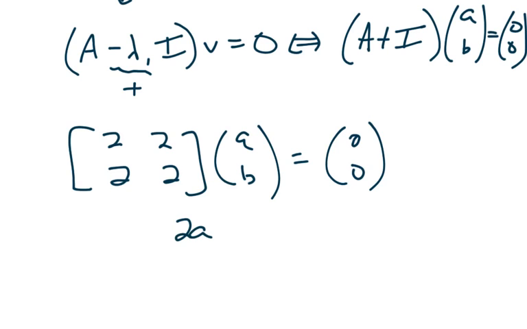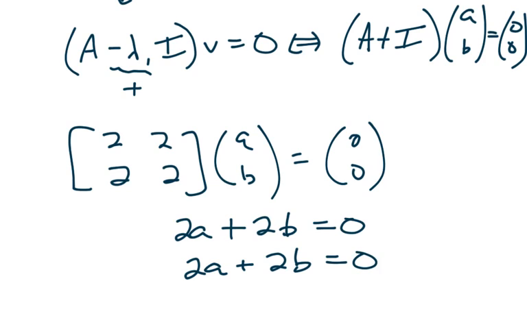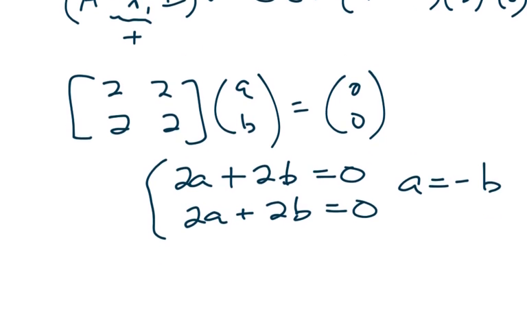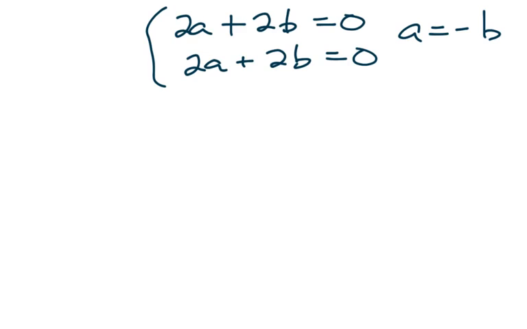I've got 2a plus 2b should be 0, and the exact same thing in the second component. So a should be negative b would work, or b is negative a, however you want to say this. v1, my first eigenvector, I'll just take b to be 1, which would make a negative 1. This works.